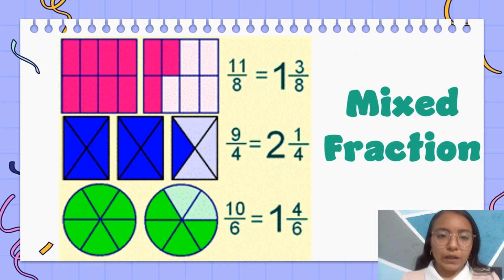Number 3. Mixed fractions are those in which whole numbers are combined with a fraction. They arise from simplifying an improper fraction. For example, 1 and 3/8, or 2 and 1/4.